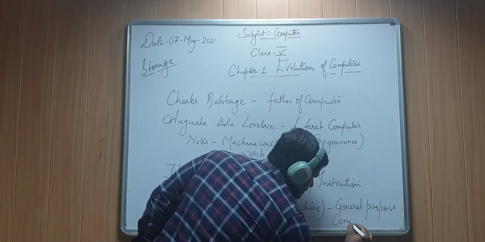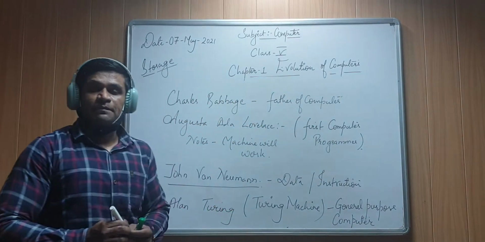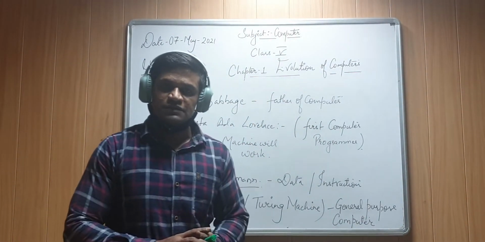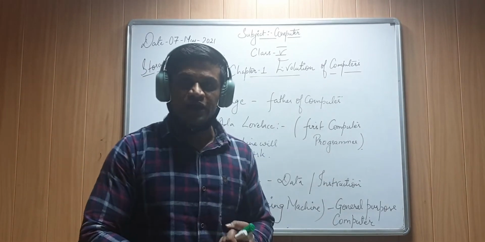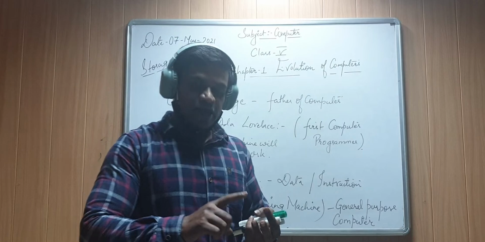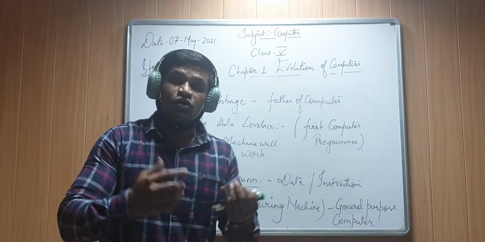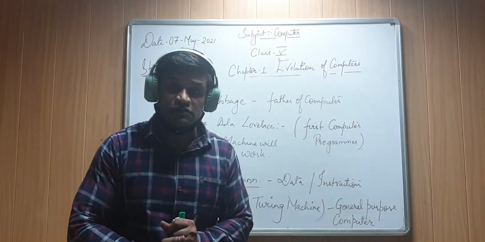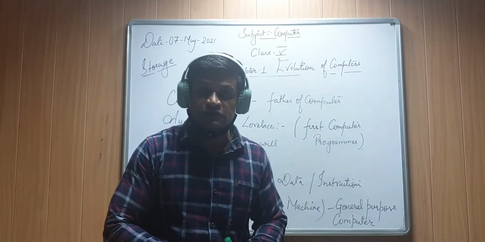Now, what is a general purpose computer? Those computers which are capable of doing all general works, like a computer at our home. We can use it for drawing, for work, for entertainment. On it, we can play games. Your father or mother can do their office works. You do not require different computers for doing different works.